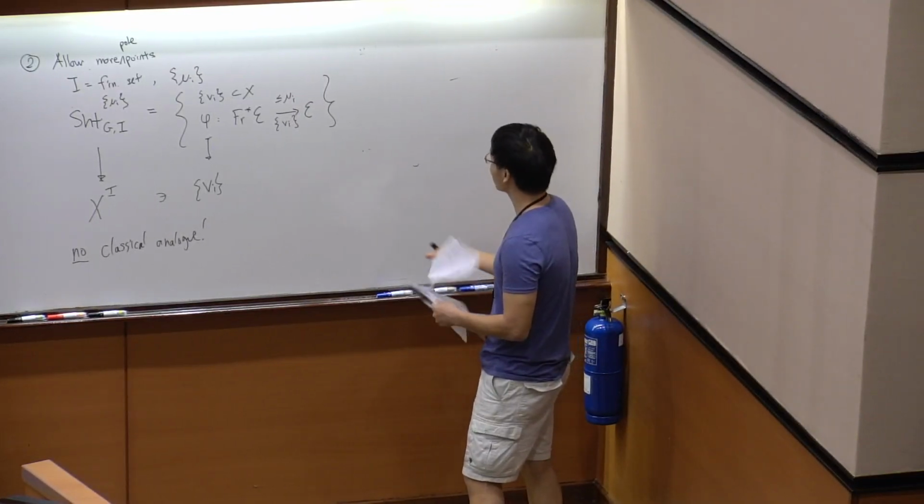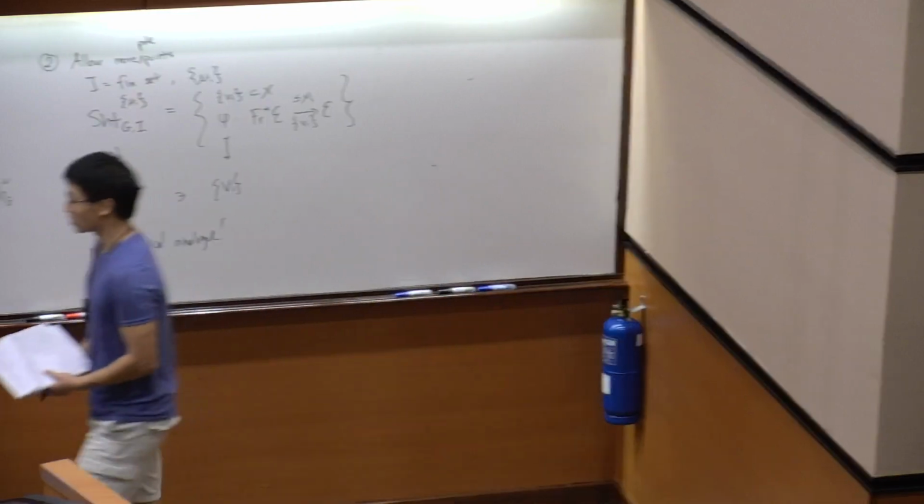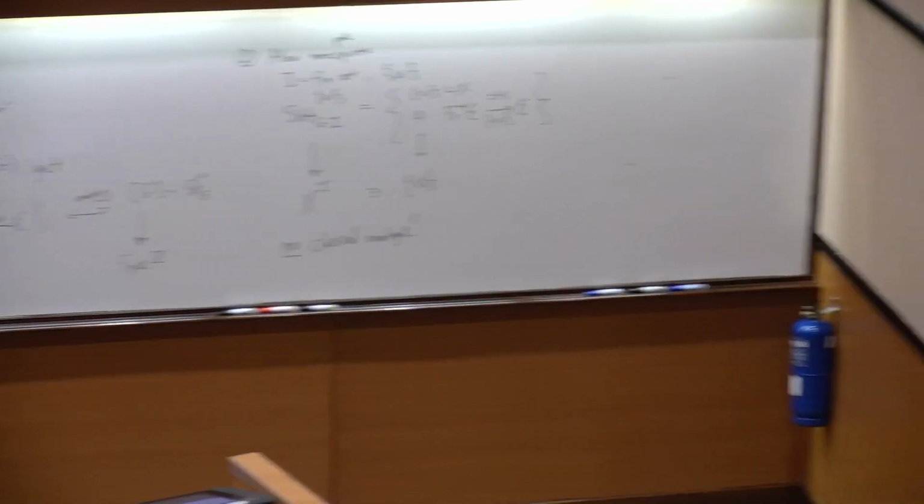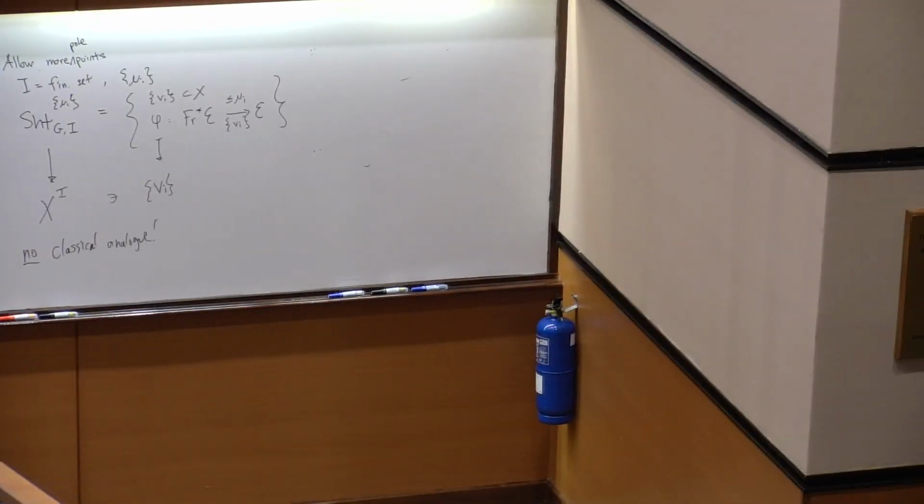Okay, so maybe let me summarize what we've seen so far. There were a couple of pictures. There's a classical number field picture, and then there's a function field picture.